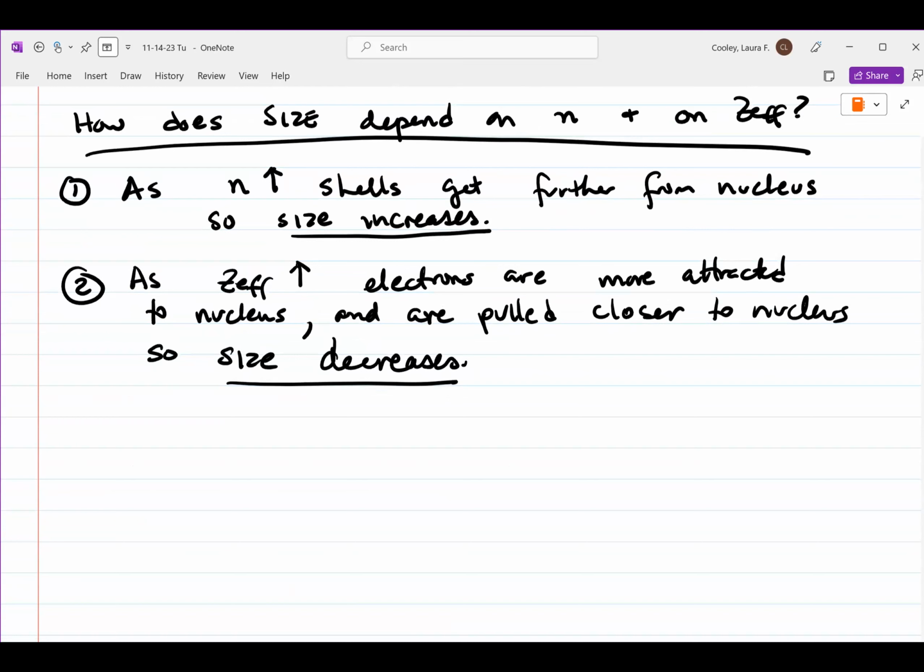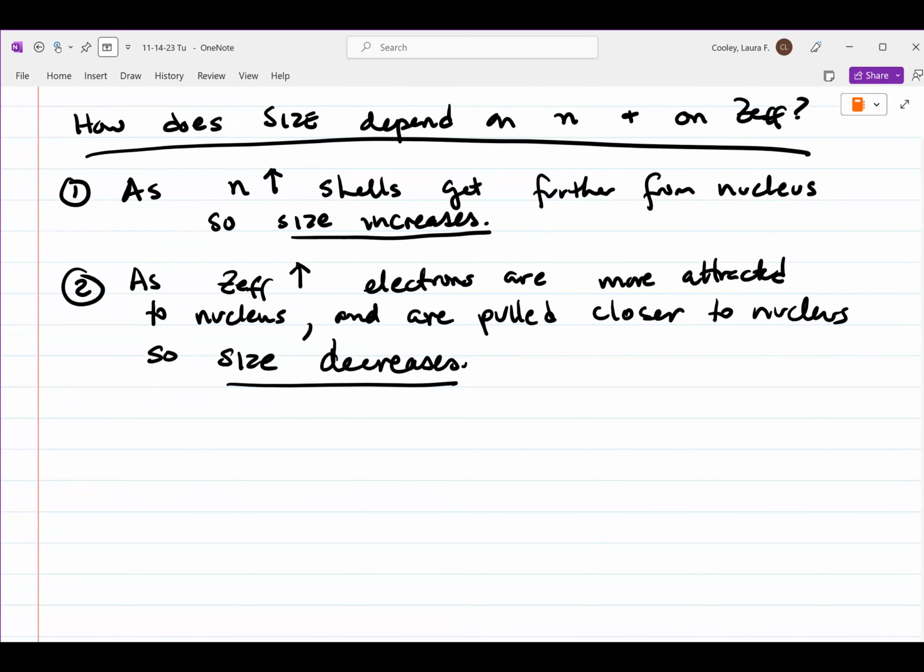Okay, so now with that, let's think about the trends in size as you go across and down the periodic table. Again, we're still talking about size. What happens as you go down the periodic table? So first we have to say, what happens to Z effective? What happens to effective nuclear charge as you go down the periodic table within our approximations?